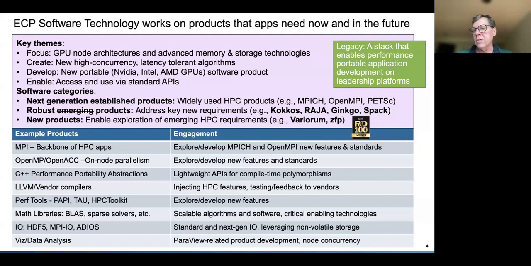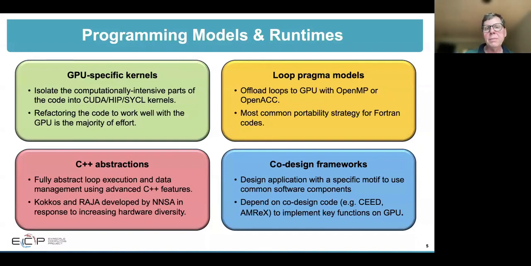You might have to, for say, a particular performance hotspot, do custom versions of a few kernels, but generally speaking, you can live in this performance portable space and do quite well. So I'm going to talk a little bit about four of the six areas that I mentioned in the earlier slide.